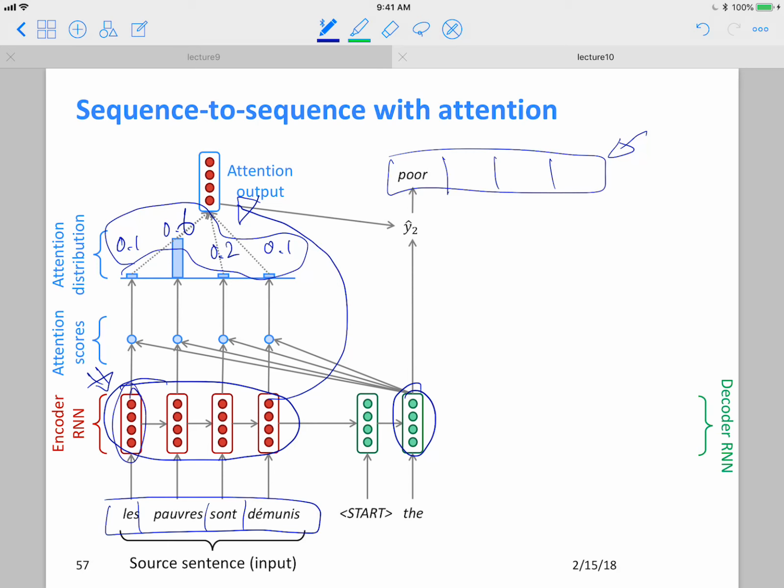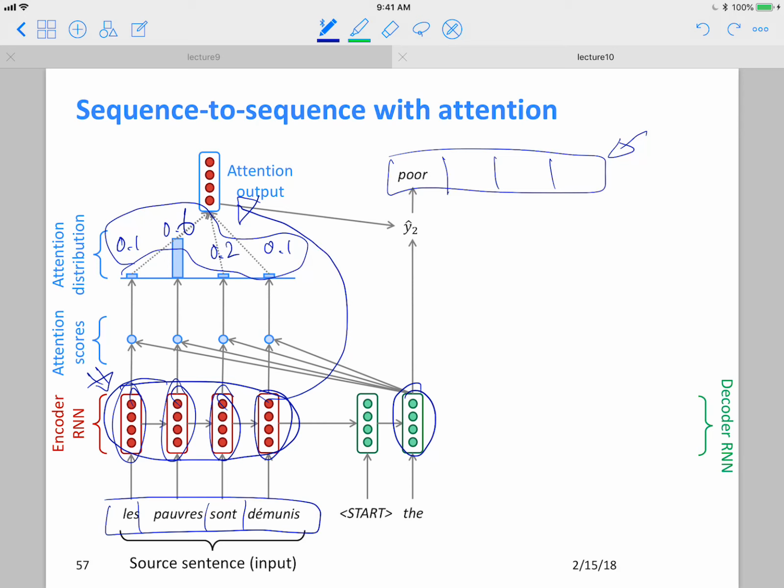Then we do this weighted average of these encoding vectors, and I'd like to discuss several different strategies for how we compute these weight values. These weight values are basically generated by the softmax layer at the end, but just before the softmax layer, it can be computed in several different ways.